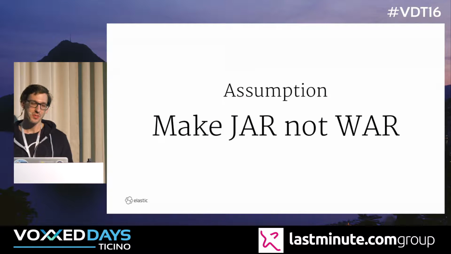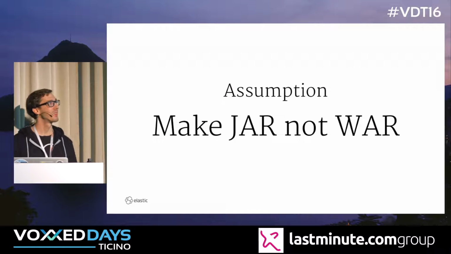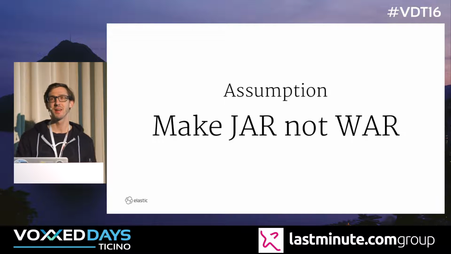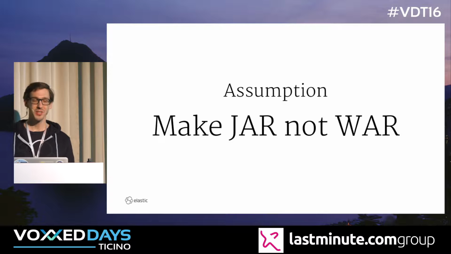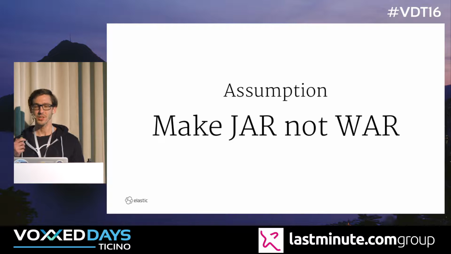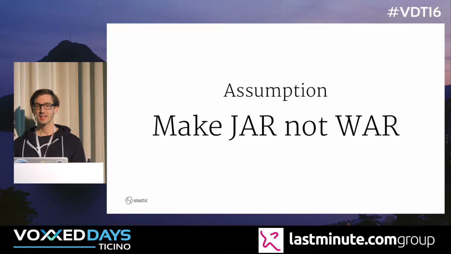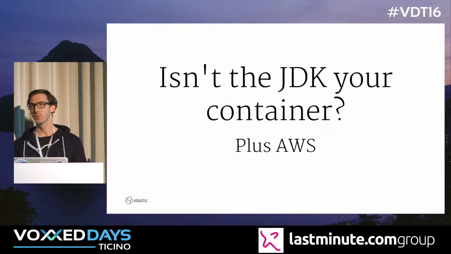And my approach was, or is still, Josh Long always says, make jar, not war, which is kind of the fight between the Spring ecosystem and the JE ecosystem. However you stand on that, just produce one jar file that contains all your dependencies and everything you need in your application. And then for me, the JDK always was kind of my container.